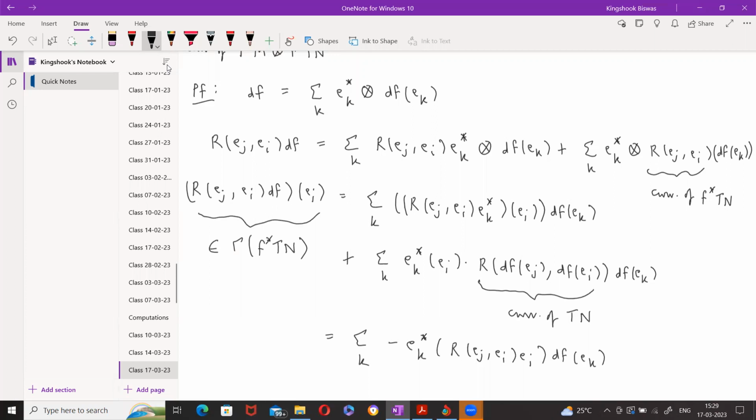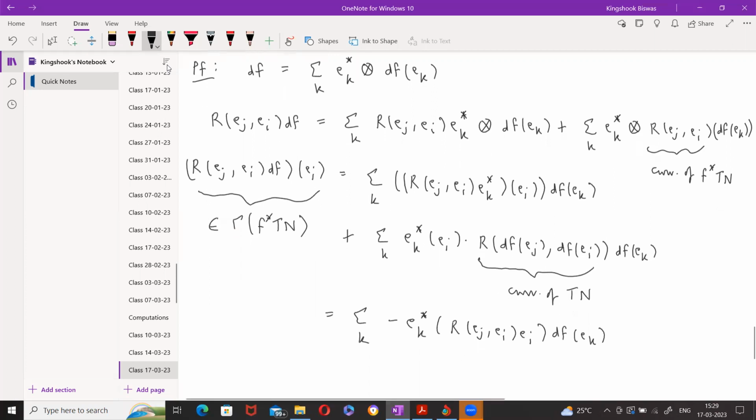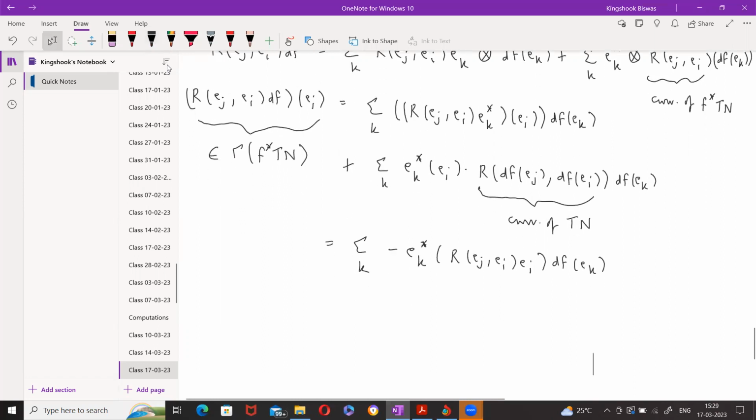This is what we saw from the curvature of the dual bundle, right? So maybe I should write here, this thing is the curvature of T star M. And this thing is the curvature of TN.